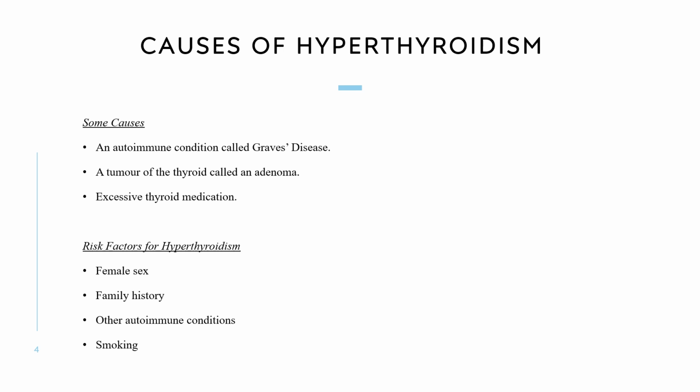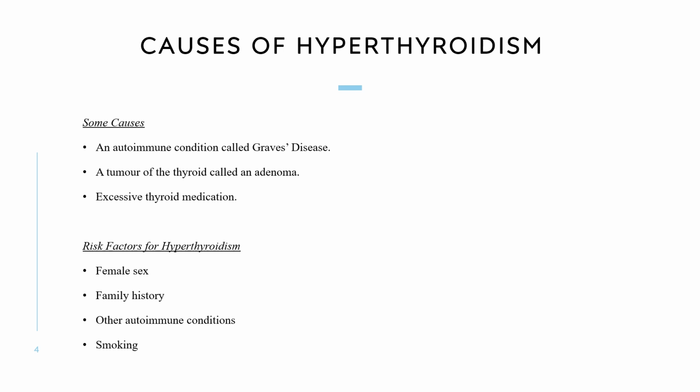Another cause of hyperthyroidism is people who have hypothyroidism, so they have an underactive thyroid. They'll be taking medication for it, and if you take too much of that medication, obviously that can push you in the opposite direction. So you've got hypothyroidism, you're taking too much of the medication, and then you're getting the symptoms of hyperthyroidism. Okay, so those are some of the key causes.